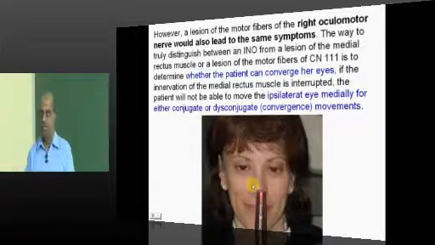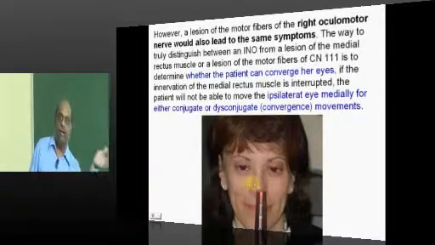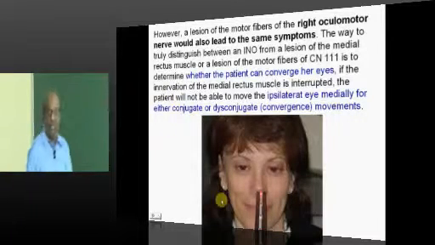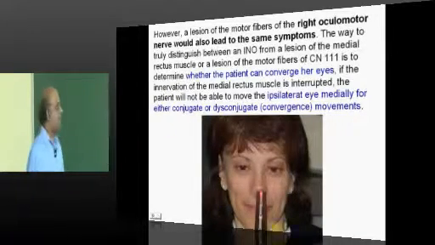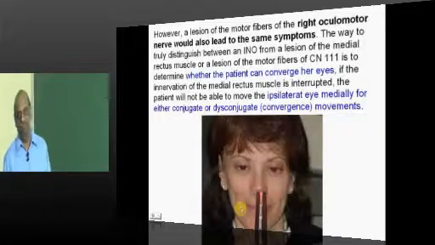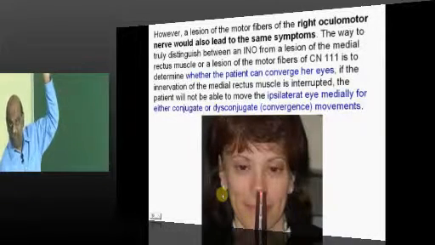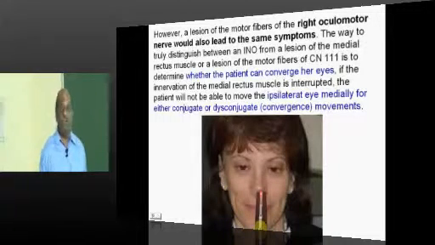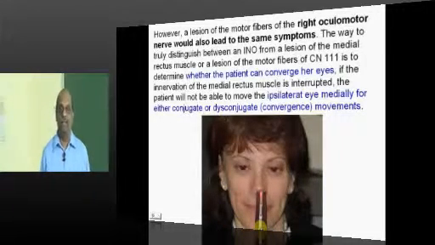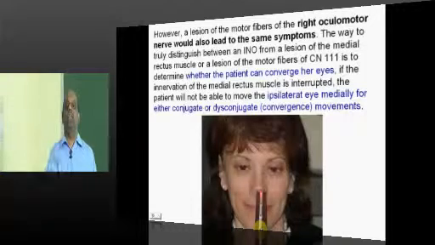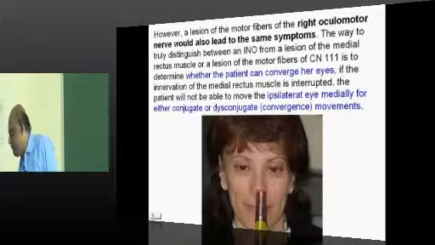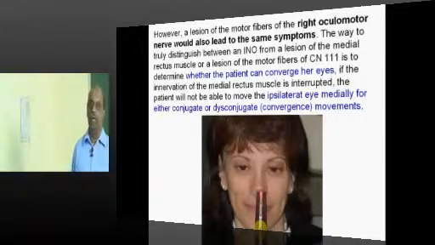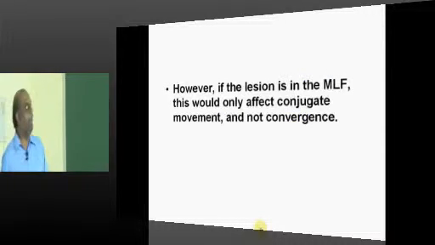When the sixth moves, it tells contralateral third to move. It has nothing to do with convergence. Hence, convergence will be normal if the lesion is in MLF. But if the convergence also cannot occur, that means the problem is with the oculomotor nerve, which will differentiate between the two, is what you have to ultimately remember, Doctor.